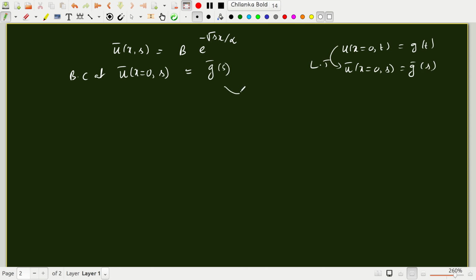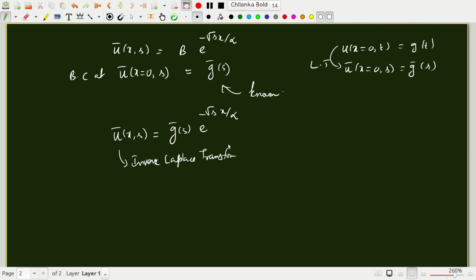If I use this boundary condition, putting x equal to 0, the exponential becomes 1, so all you are left with is b, and b must be equal to g bar of s. So u bar of x,s is g bar of s e to the minus root s x upon alpha. So we have solved for the Laplace transform of u of x,t, that is u bar of x,s. You have to do an inverse Laplace transform.